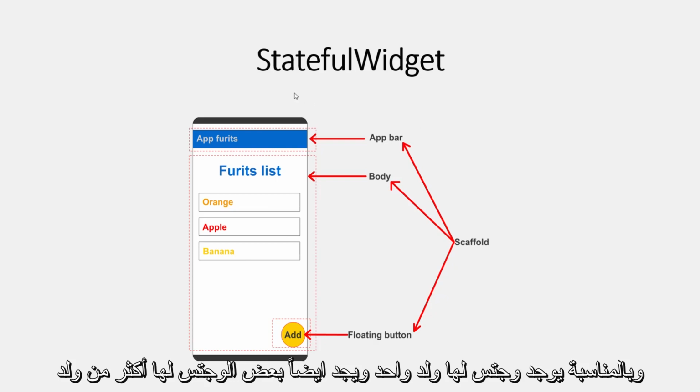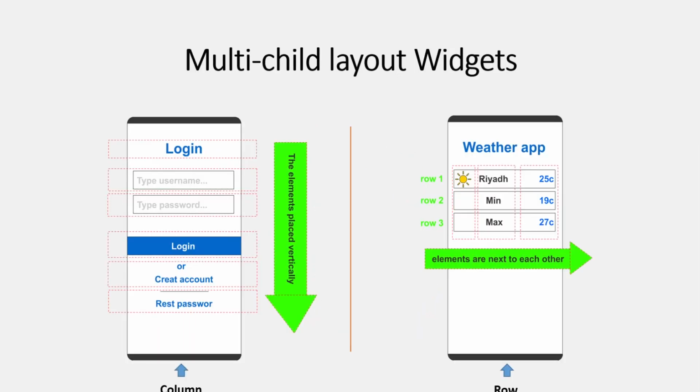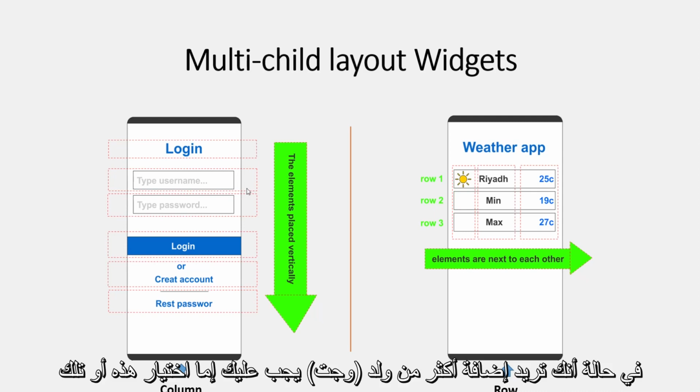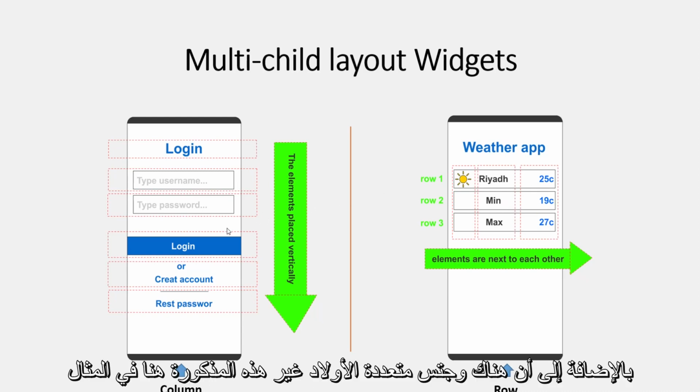When we talk about widgets, there are some widgets that have one child, and there are multi-child layout widgets. So for example, here we have the column widget and the row widget. In case you want to add more than one child, you have to use either this one or that one, and also there are many other multi-child widgets.